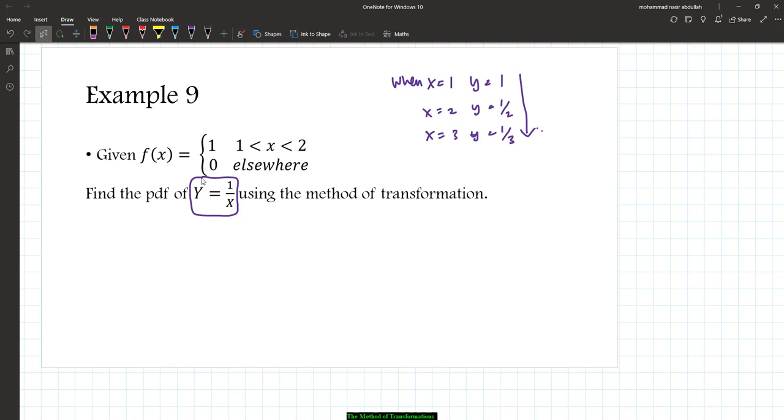In this method, we don't care whether it is an increasing or decreasing function. So first step is we need to find the inverse function. So the inverse function, y equal to 1 over x, so x will be equal to 1 over y.